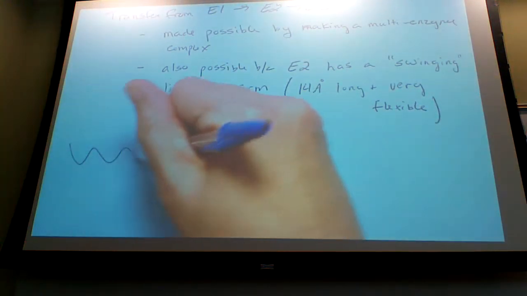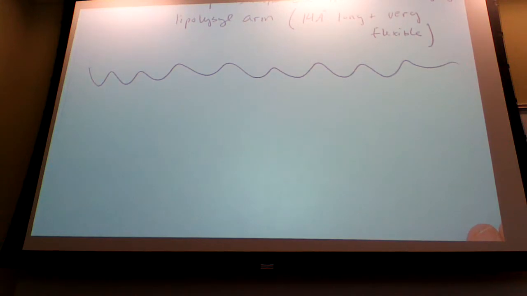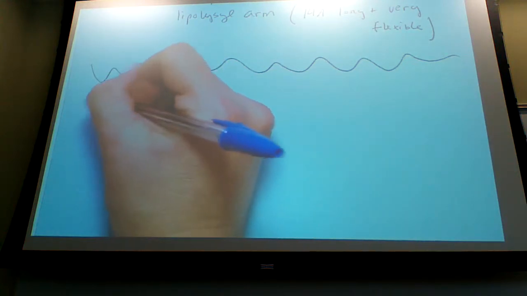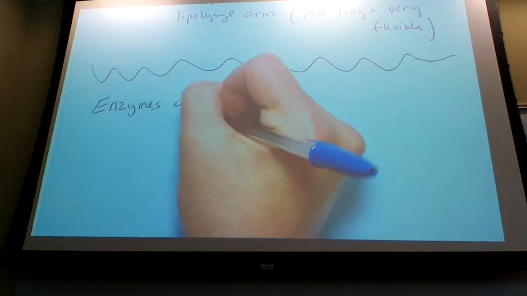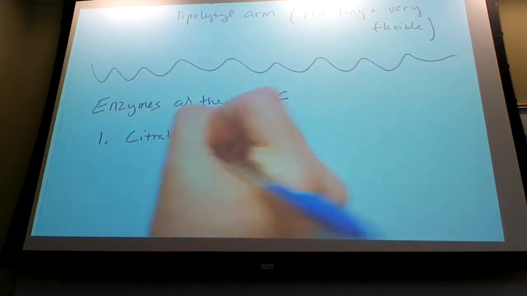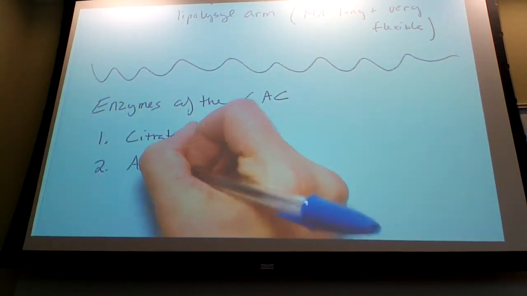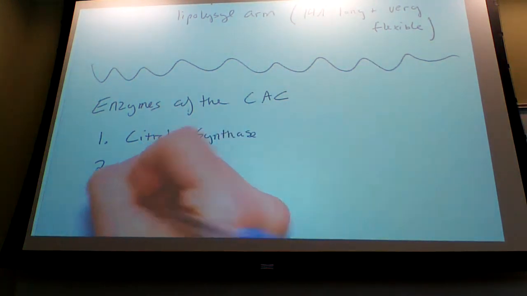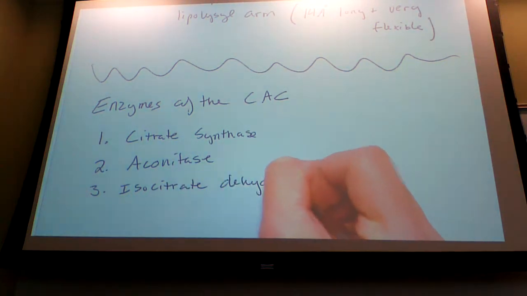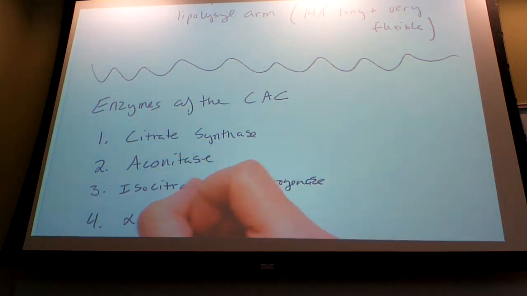Okay, so that gets us from pyruvate to acetyl coenzyme A. So we're going to do 10 minutes worth of citric acid cycle. Enzymes of the CAC. Number 1, citrate synthase. Number 2, aconitase. Number 3, isocitrate dehydrogenase. Number 4, alpha-ketoglutarate dehydrogenase.